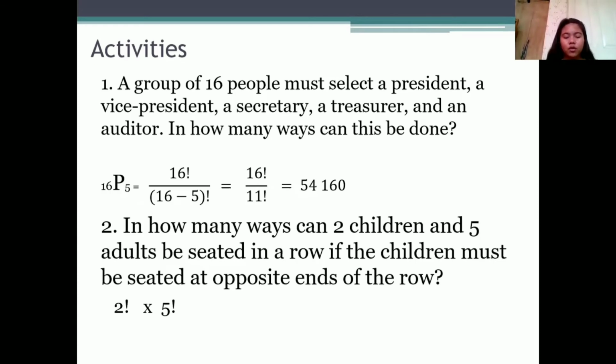So that is 2 factorial times 5 factorial, which is 2 times 120, since 2 factorial is 2 and 5 factorial is 120. So that is 2 times 120, which is equal to 240.